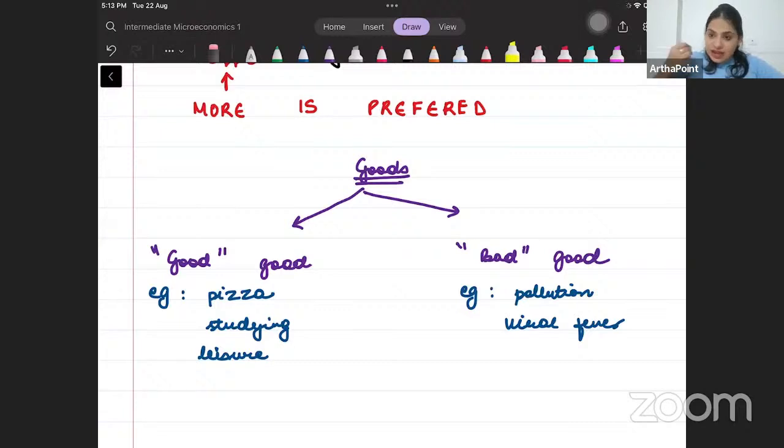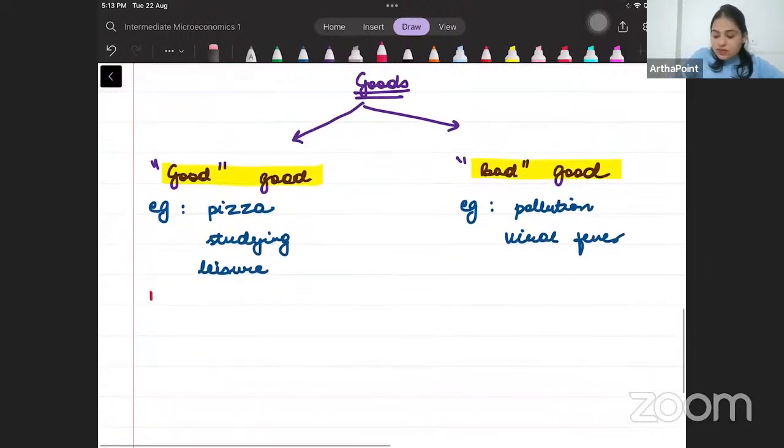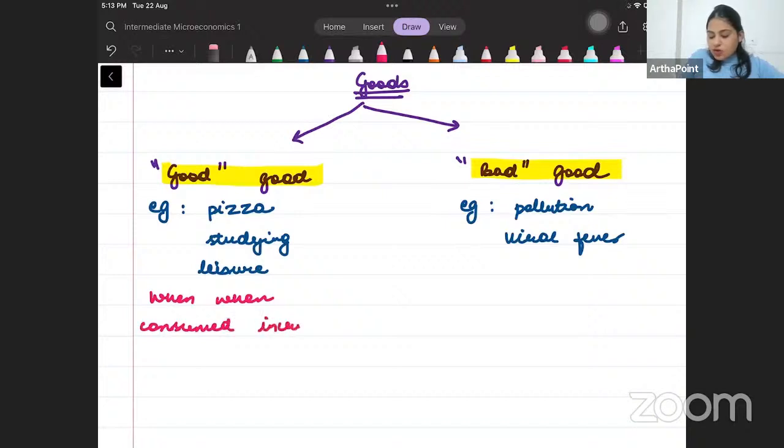So beta, any good can be either a good or a bad good. Good goods are those goods which, when consumed, increase your utility.